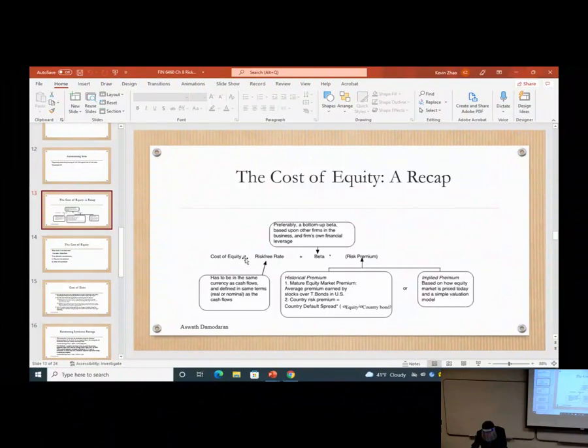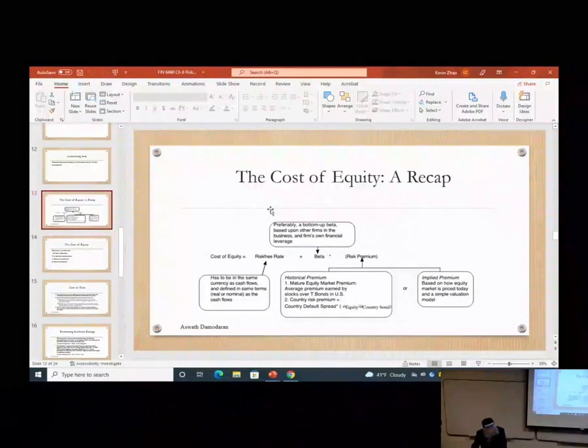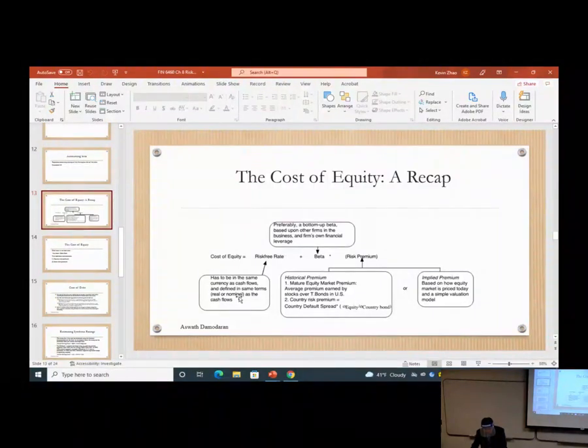I mean, this big picture is a really good picture for you to put everything together. This is truly a big picture, but there are a lot of details addressing the risk-free rate, addressing beta, addressing risk premium.